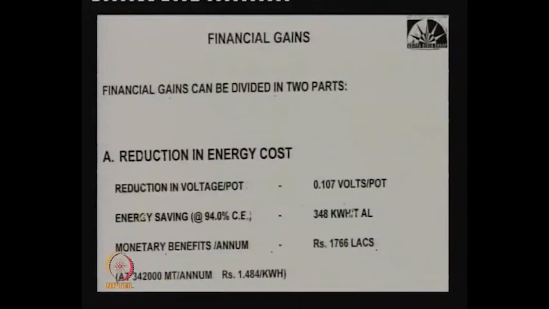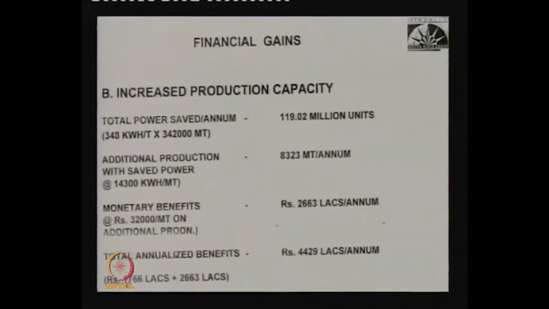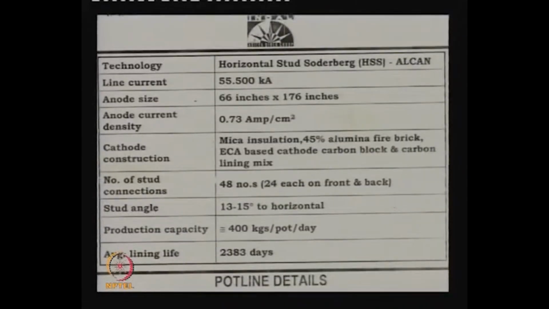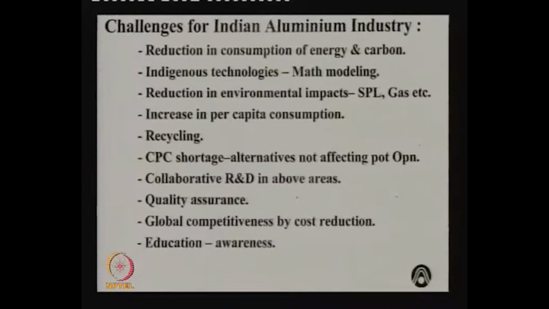And there was some data given as to what are the financial implications of slight reduction in voltage, and that is phenomenal. Over the long time, even small changes in power means a lot of advantage in financial terms. These are some data, pot line details.